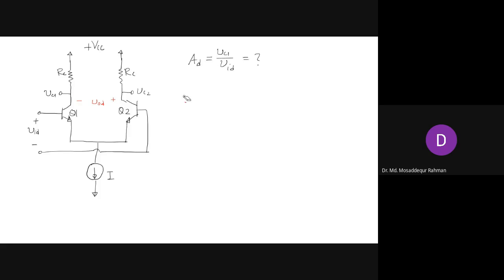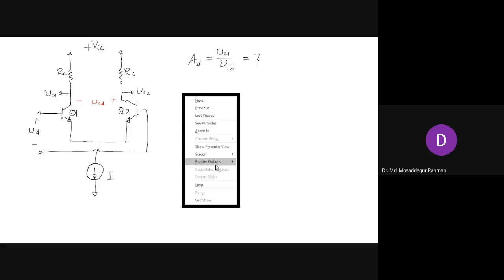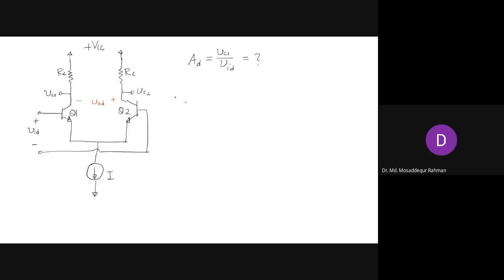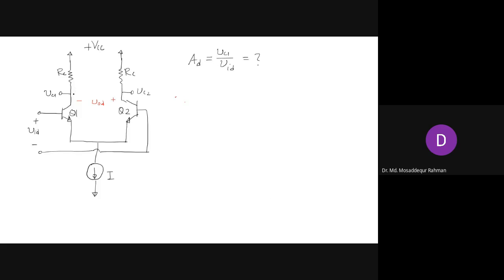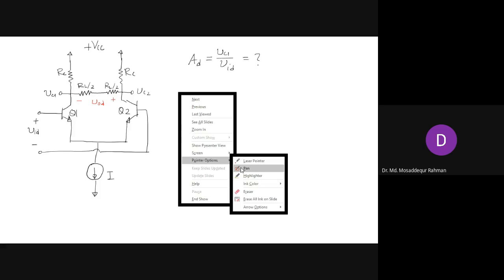Instead of showing RL as one single resistor, we can show it like this: we have half of RL, RL by 2, here, and the other half, RL by 2, here. Now see, the total is still RL.